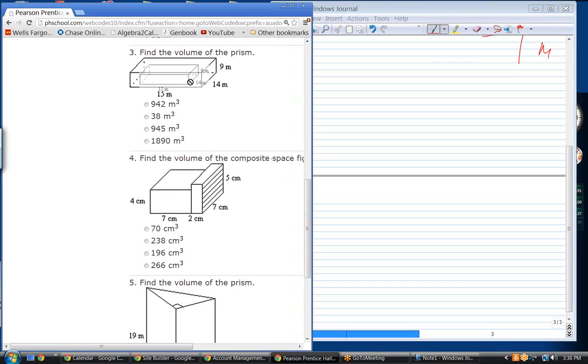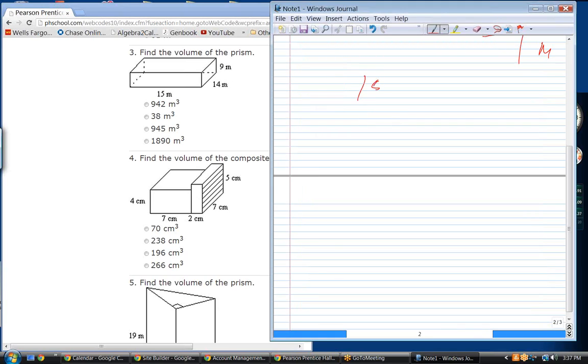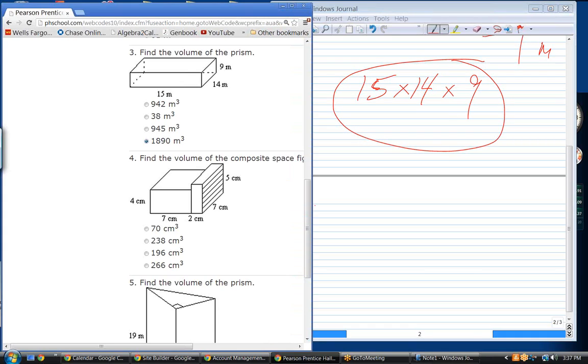But if you want to look at it as the area of the base, which would be 14 times 15 times the height, so it'd be 15 times 14 times the height, 9, which ends up being the product of the three dimensions. All right, so what's that number? It gives you 1,890. Okay.